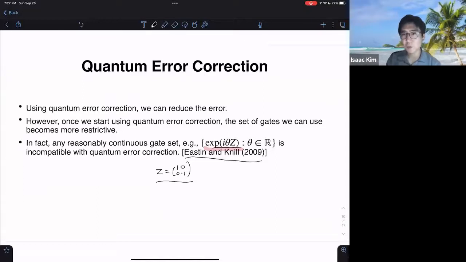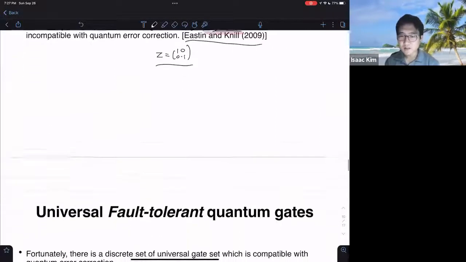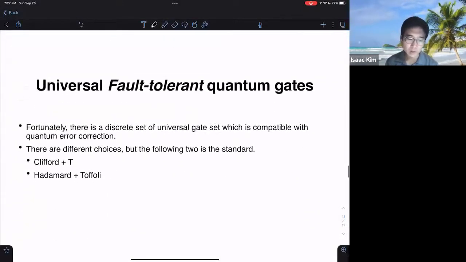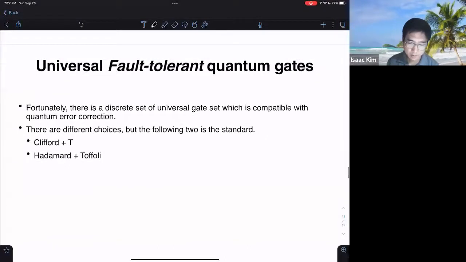The point of all of this is that the set of gates that you can actually implement while doing error correction is highly constrained. And the gates that people use in the literature are precisely these gates.